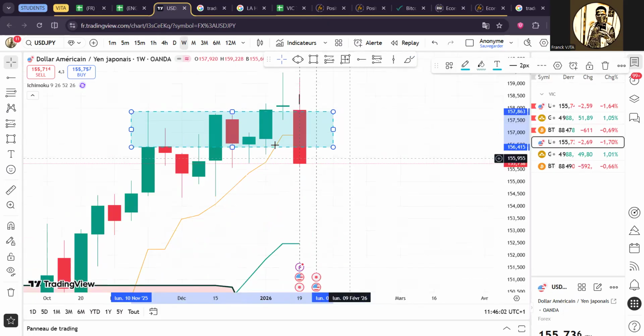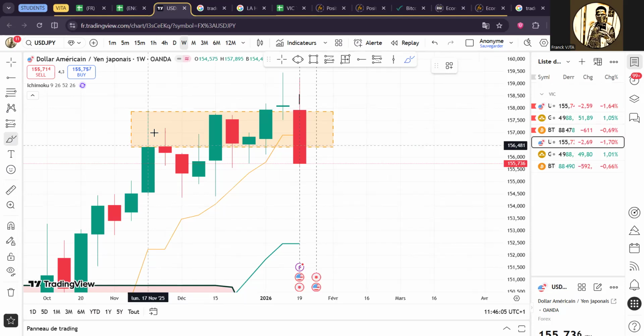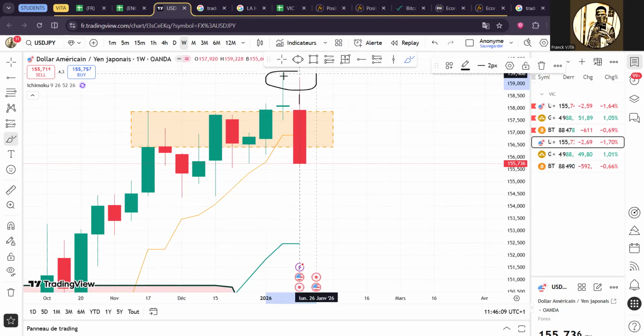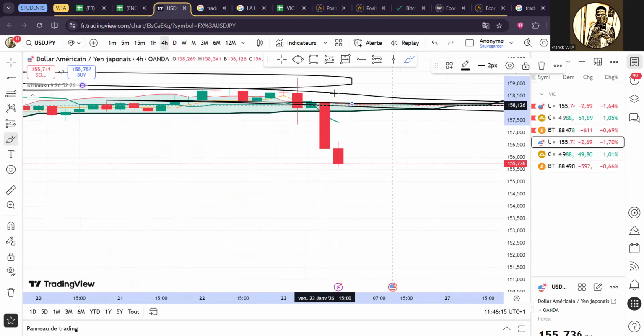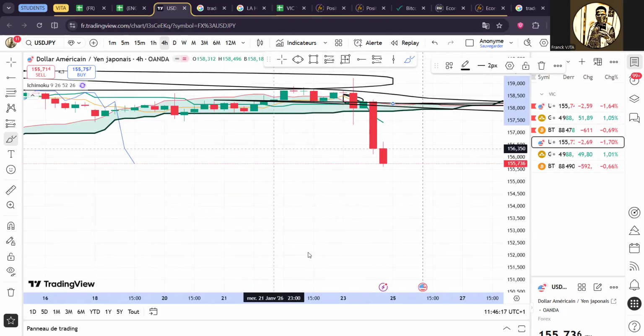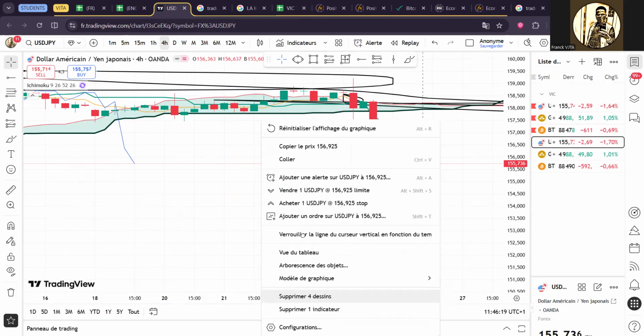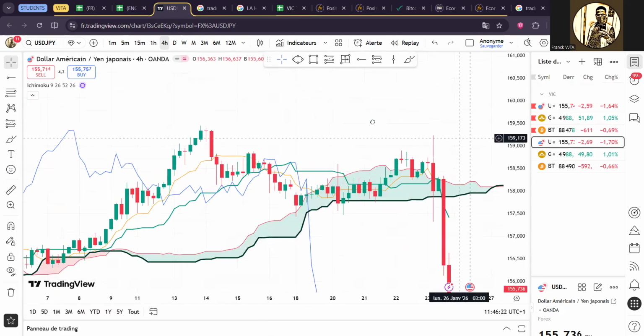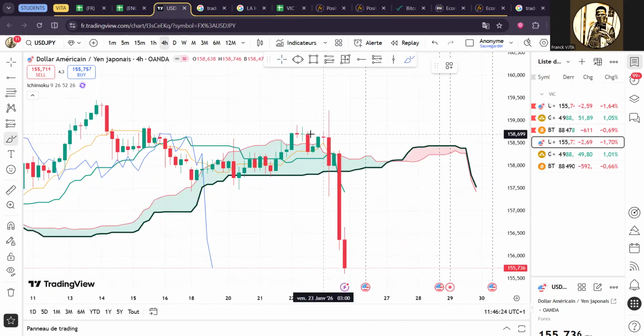Tenkan was inside this resistance. So every candle that was above Tenkan at this level must have been going down. So when you do the TS2 and you come from weekly to 4 hour, you should have expected a reversal anytime soon. Okay, that's why this push number 3 did not play out to the upside.